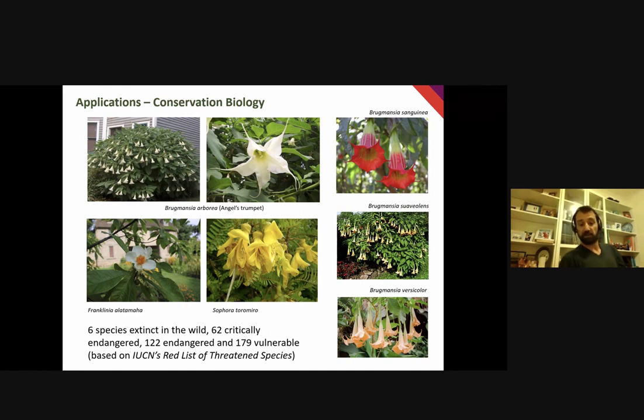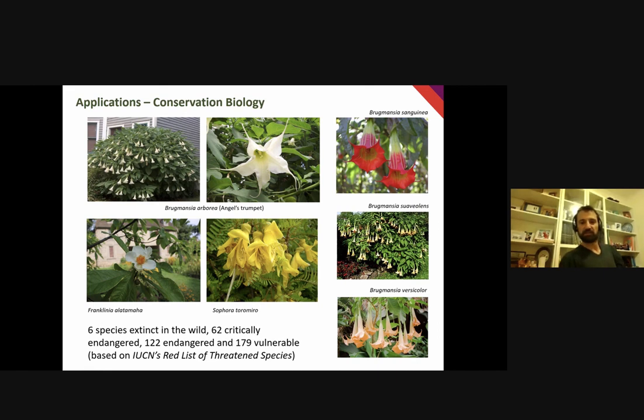And similarly, we have 62 critically endangered, 122 endangered, and 179 vulnerable species. So now we are trying to understand to what extent we could use urban areas for plant conservation more in general, trying to reframe the narrative that urban areas are bad and evil in terms of plant invasions, for example.